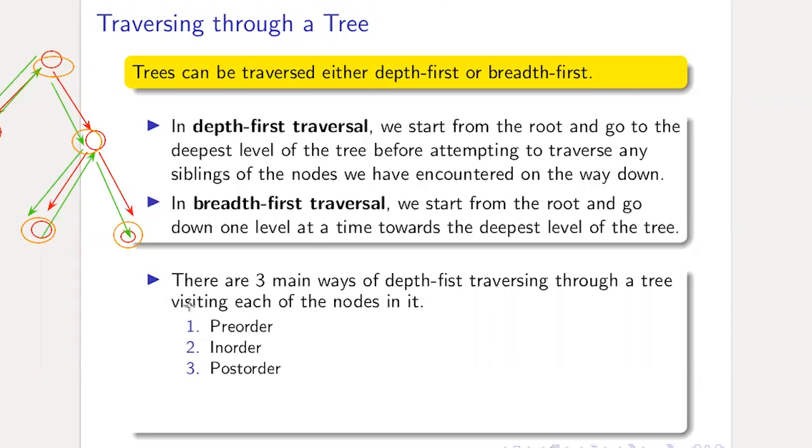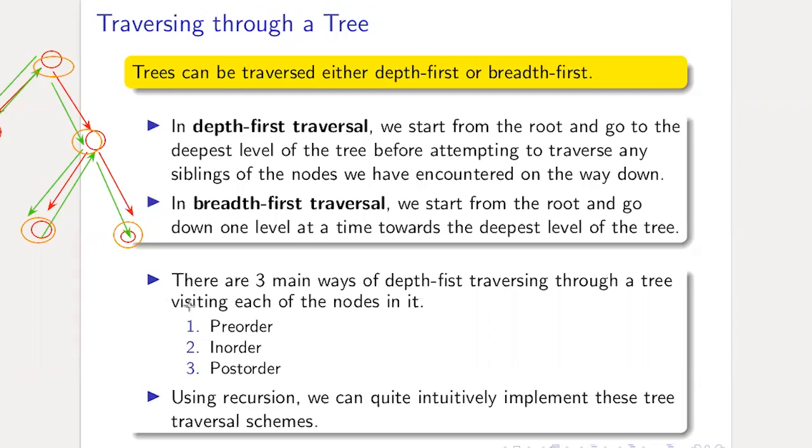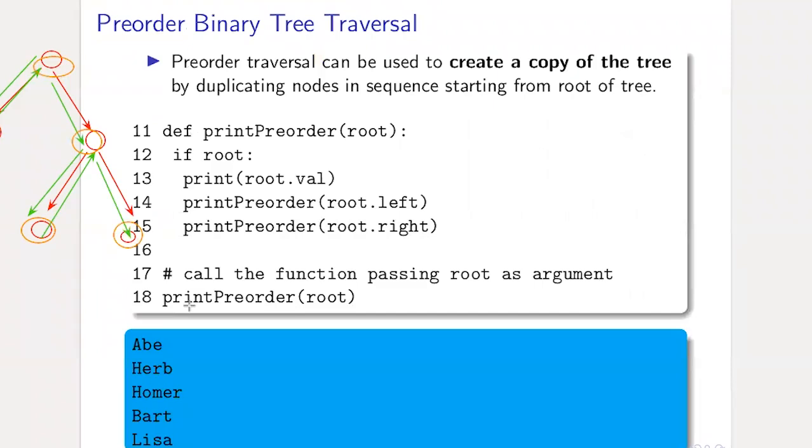Of course I give only one example each, but you can think of other examples. And very interestingly, if you remember, in the first lecture series we discussed recursion, and we can do this tree traversal in a very intuitive manner using recursion. So let's look at the traversals now.